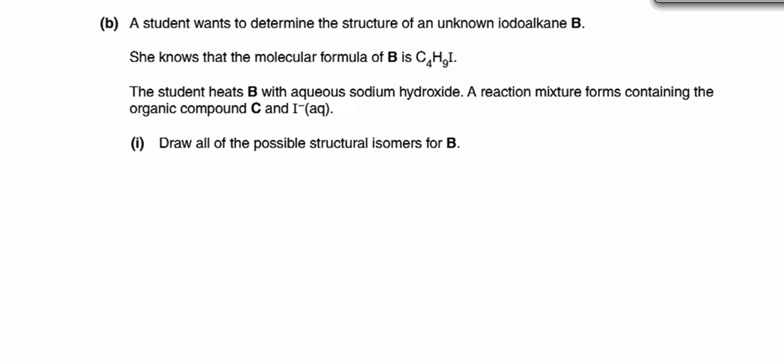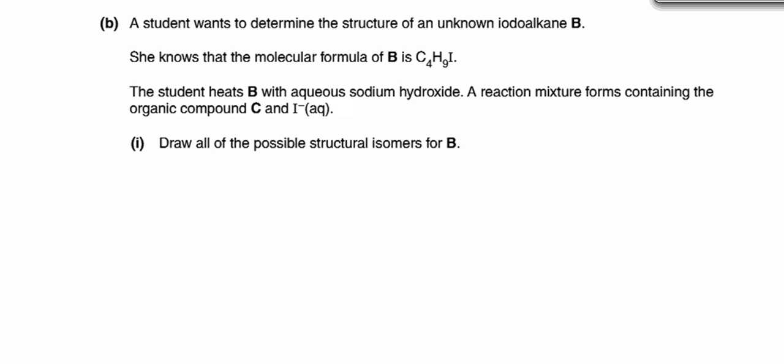Okay, part B is where this question really gets down to business. So a student wants to determine the structure of an unknown iodoalkane B. She knows that the molecular formula of B is C4H9I. So she heats B with aqueous sodium hydroxide.